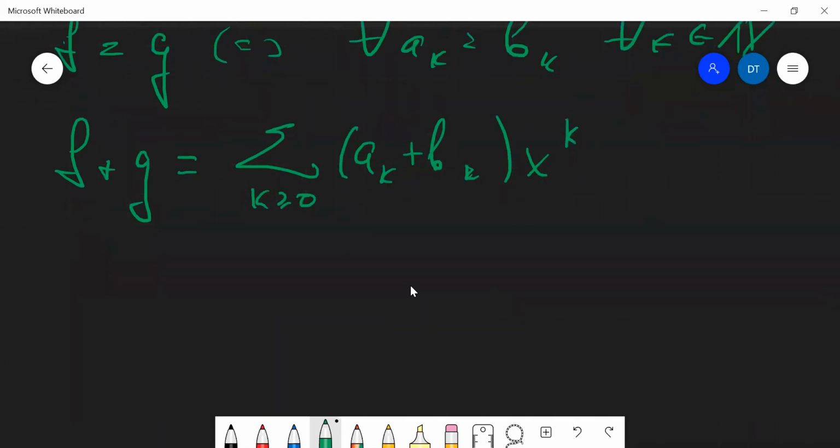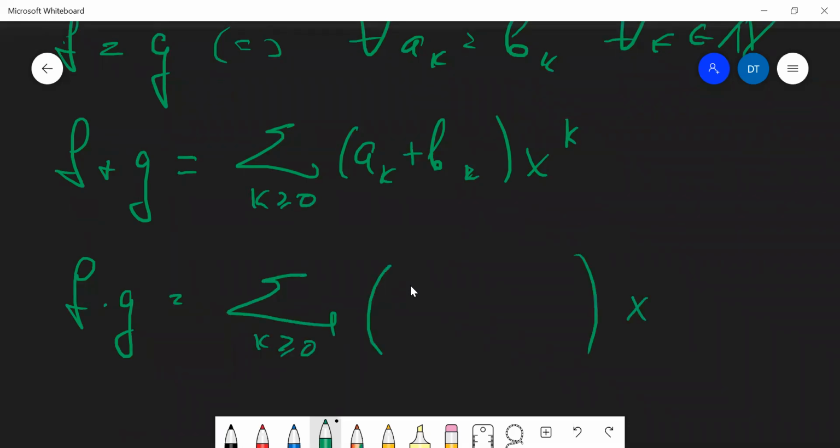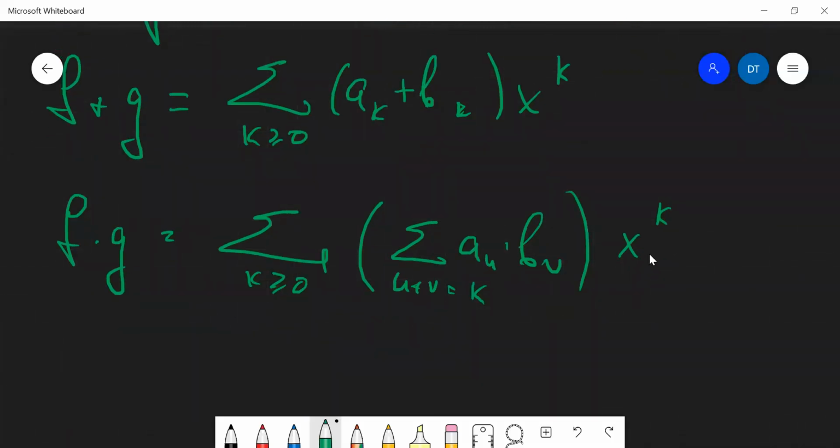And the multiplication is computed by the formula like this. I will write the formula and then I'll say it again. On the right hand side we have a polynomial. Here k denotes the degree of the symbol x, and each coefficient is computed by this formula.